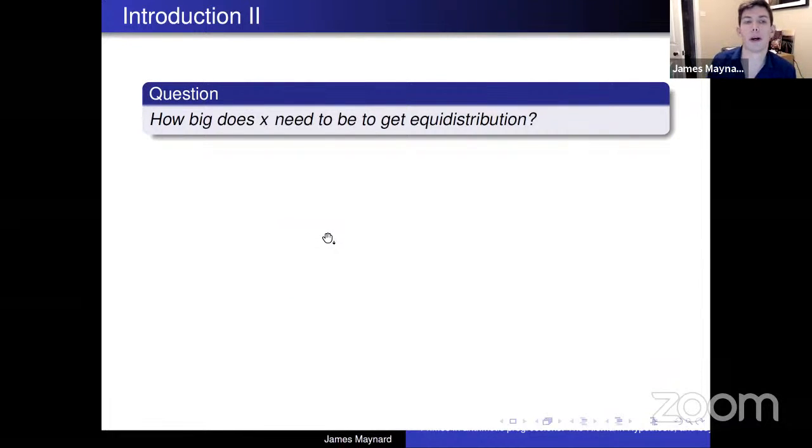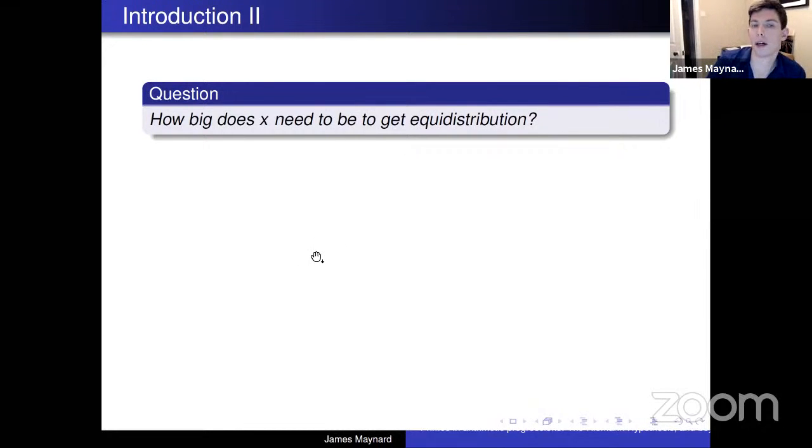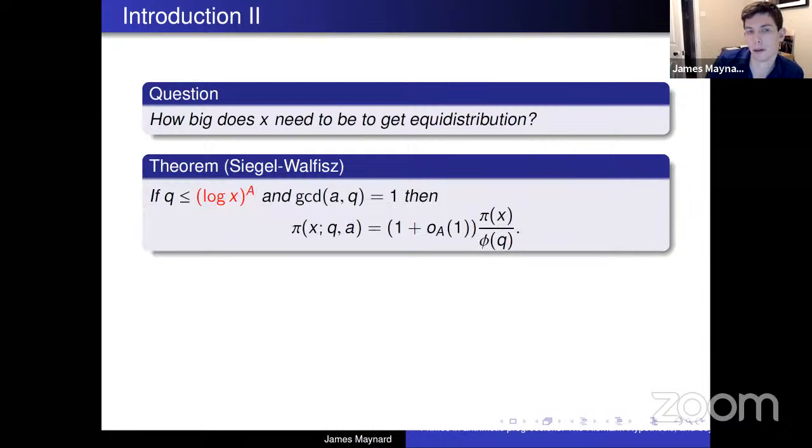So the natural question, if you're trying to think about quantitative versions of Dirichlet's theorem, is asking maybe if x is large, how big does x need to be to get roughly the same number of primes in each arithmetic progression, and to get a good estimate for the number of primes in each arithmetic progression.